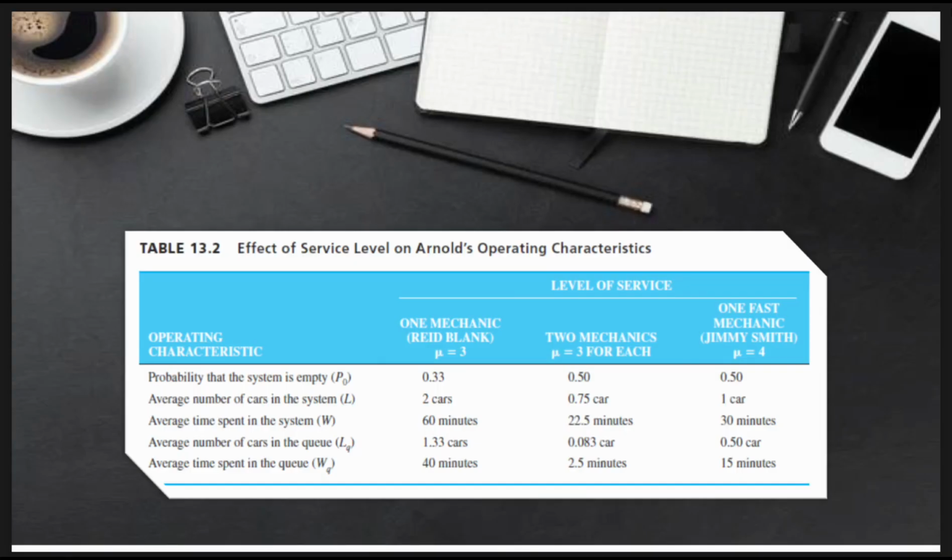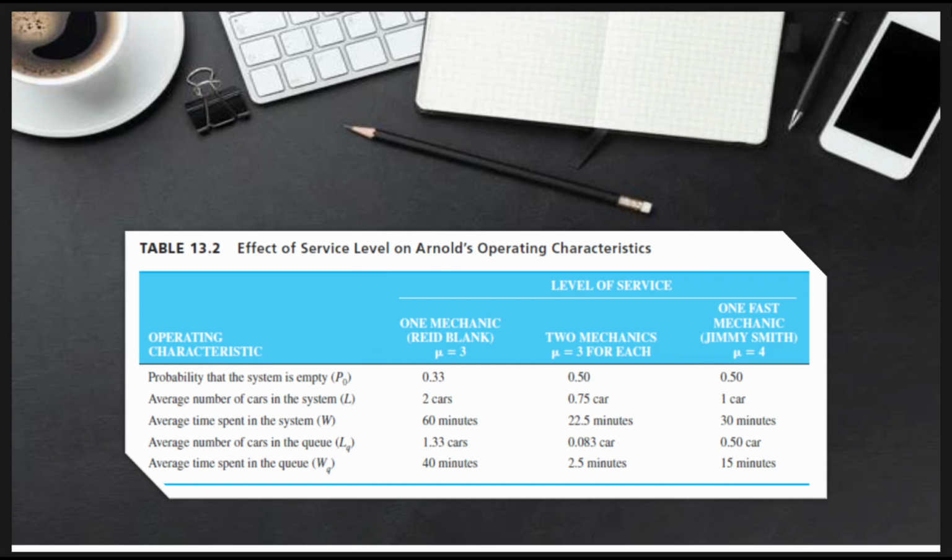In the next slide is the effect of service level on Arnold's operating characteristics. The following are the levels of service and operating characteristics: 1 mechanic, 2 mechanics, 1 fast mechanic. Probability that the system is empty: the 1 mechanic is 0.33, the 2 mechanics is 0.50, the fast mechanic is 0.50. Average number of cars in the system: the 1 mechanic is 2 cars, the 2 mechanics is 0.75 car, the fast mechanic is 1 car.